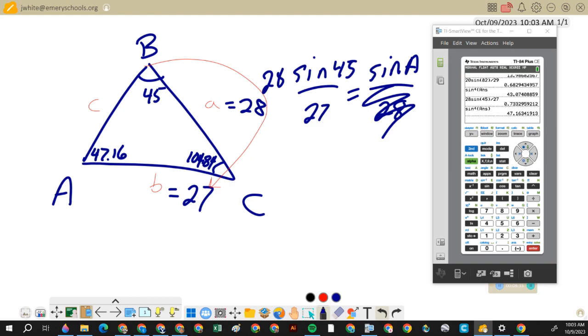Oh, I'm sorry. 180 minus 45 minus 47.16, 87.84. So this is 87.84. Does everybody follow? And now you can figure out what C is.